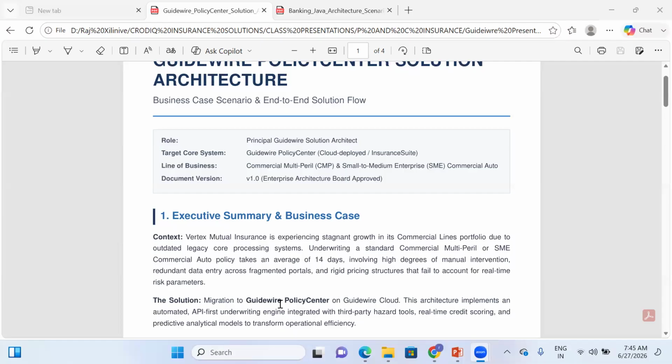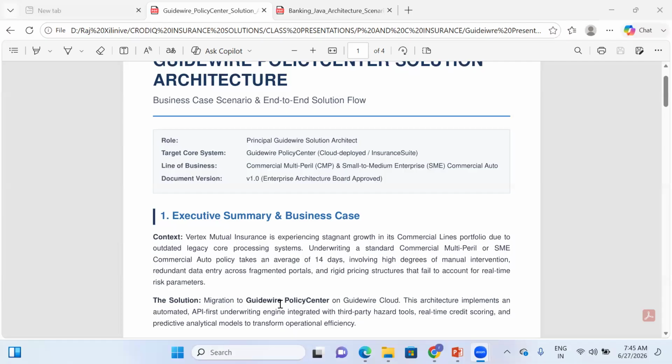So integration is required. What are the integration elements? Either we may be working on web services, or it can be message queues or batch processing. That integration, prior to that the configuration, everything will be done by the implementation team or implementation partner company. So these are the three different players that we see here.